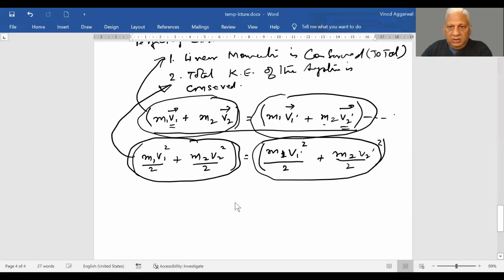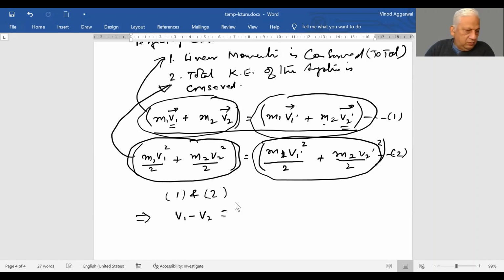Now let us say we call this equation 1 and this equation 2. If we solve equations 1 and 2, it will lead us to a very nice phenomenon: v1 minus v2 is equal to v2 dash minus v1 dash. What is this?